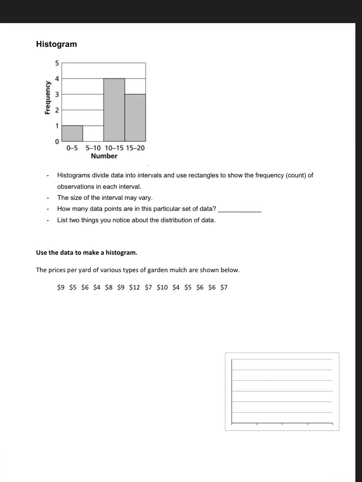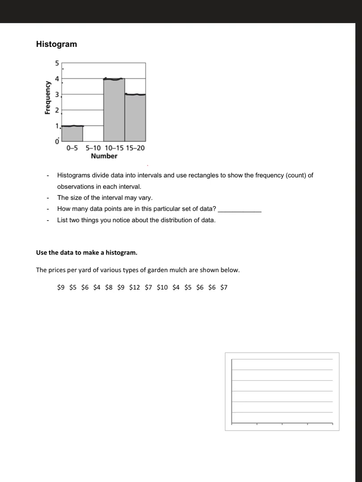So here we are at the histogram. The thing about the histogram is it shows us, again, the frequency, the number of times something occurs, but this time instead of dots, it actually gives it up to a certain value, and that lines up with these numbers on the left hand side of the column.